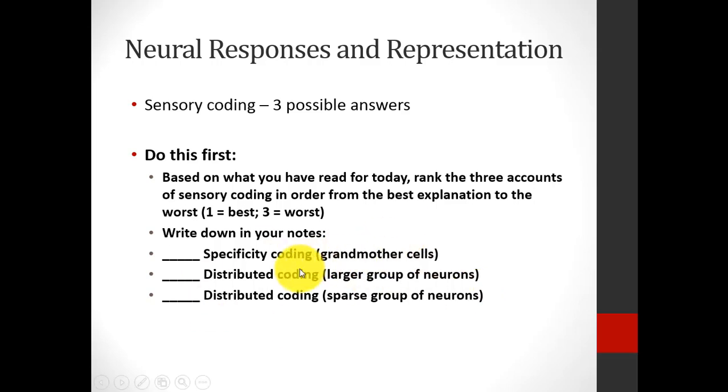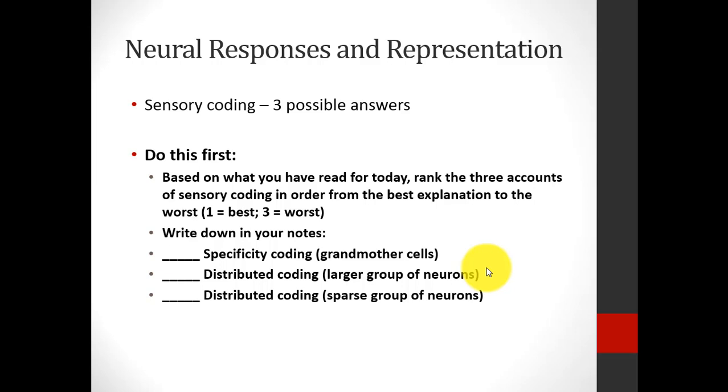So, do you like the specificity coding, which deals with the grandmother cells, the idea that, and you'll hear in the video him talking about Konorsky, that we've got these singular cells that are kind of like identification cells. The idea of distributed coding, where it's a larger group of neurons that work together to help with the recognition process or the sensory coding of information.